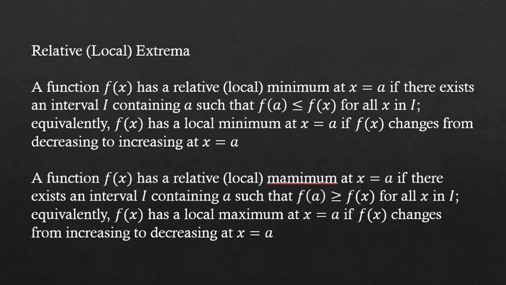Similarly, a function f of x has a relative or local maximum at x equals a if there exists an interval I containing a such that f of a is greater than or equal to f of x for all x in I. Again, that's a long and complicated way of saying that we have a local maximum at a if f of x changes from increasing to decreasing at x equals a.